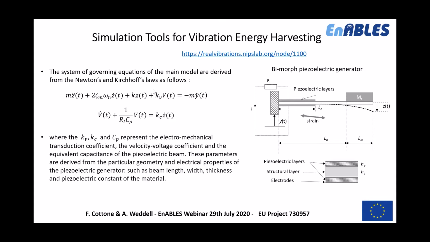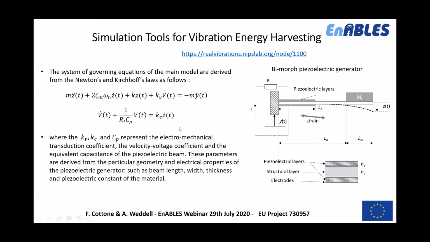In these equations, all the main parameters that you can see here, like the equivalent stiffness of the spring, the electromechanical transduction coefficient KV, and the other voltage over velocity coefficient KC, the resistive load RL, and the effective capacitance of the piezoelectric layer, are all described here and represented in these two coupled equations.